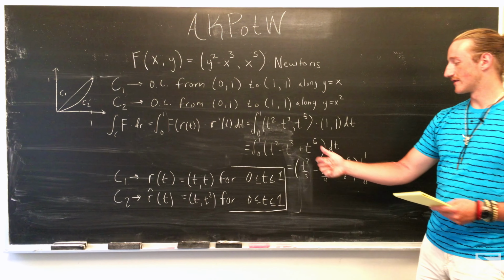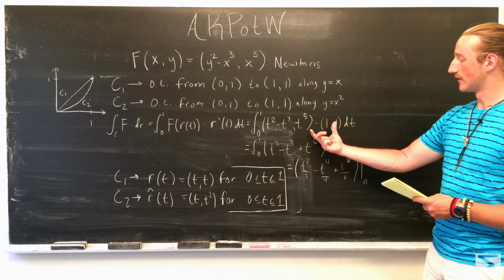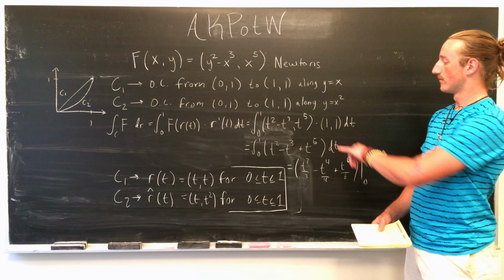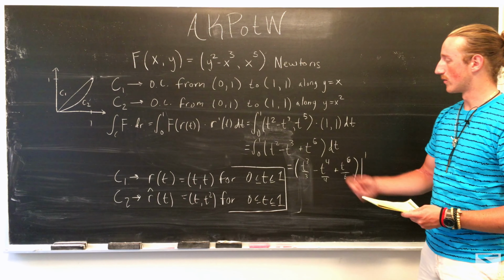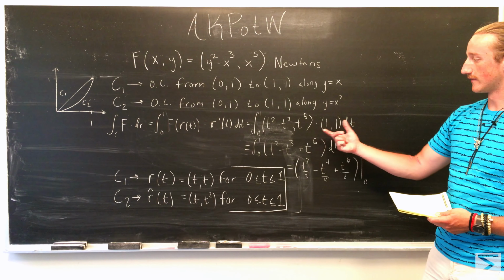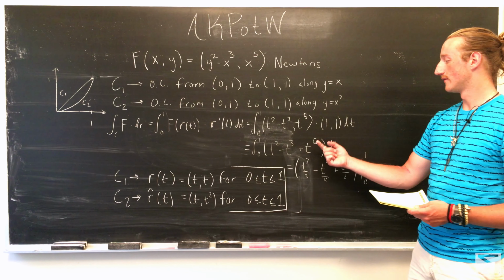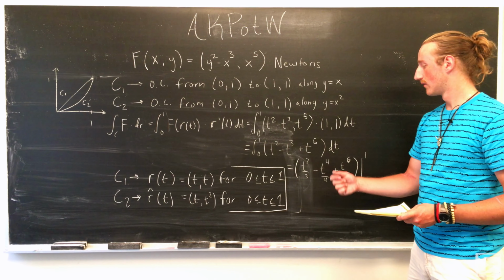Multiplying through by the vector (1, 1) just gives us the same formula: t squared minus t cubed plus t to the 5th.